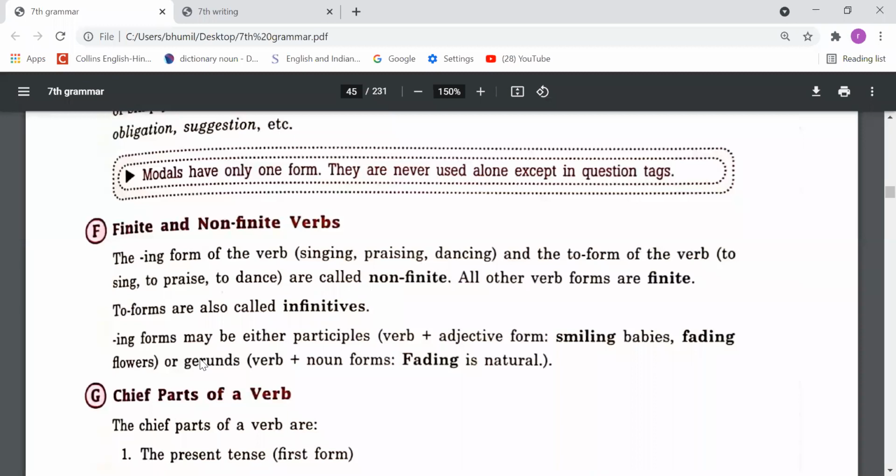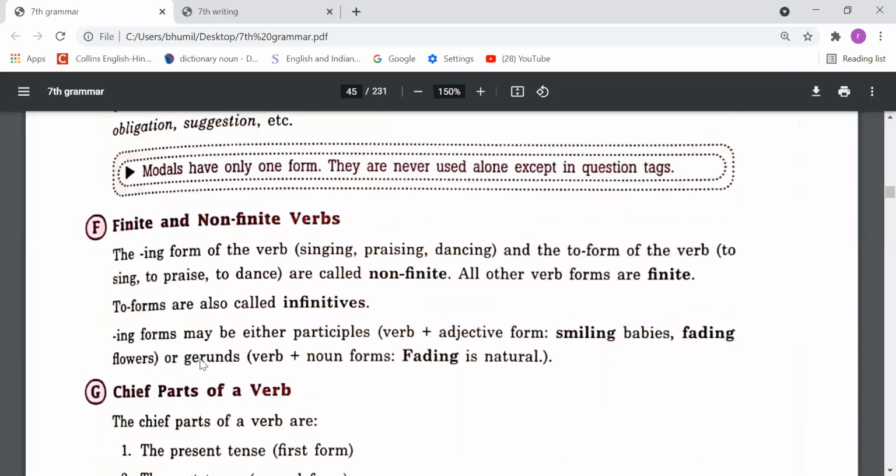Okay. Non-finite verbs are further divided into some parts. One is called gerund. A gerund is when we use the ing form as a noun. So that verb form is called gerund. Suppose I say "I like playing."